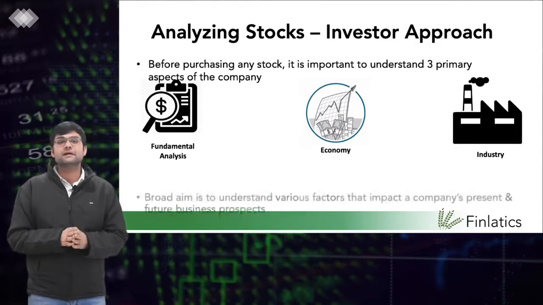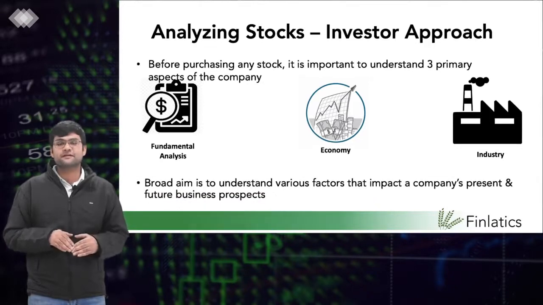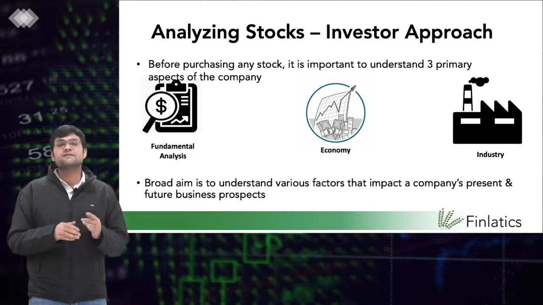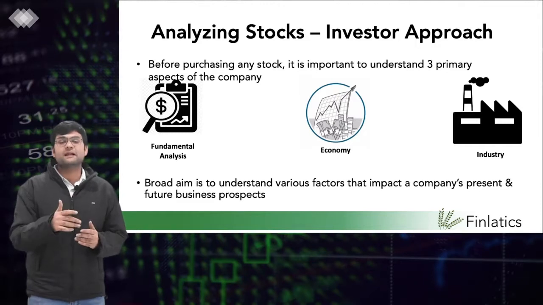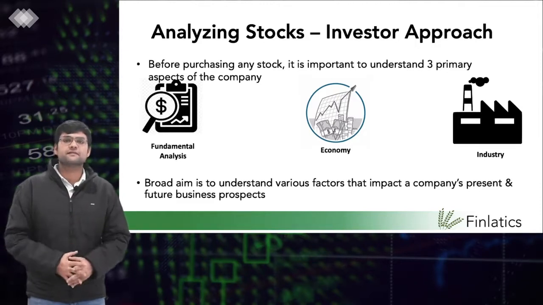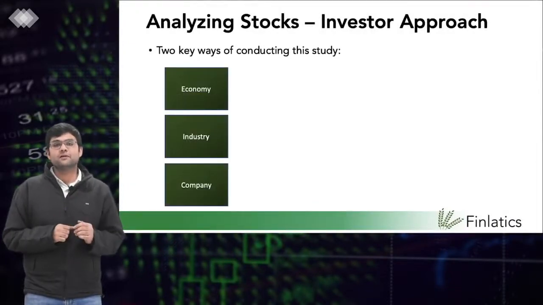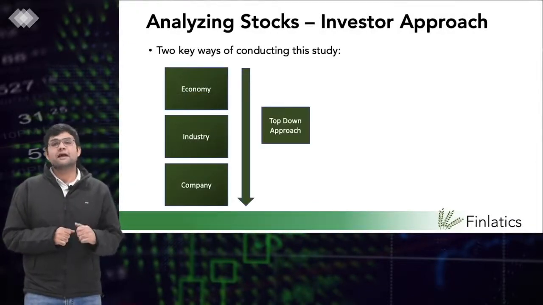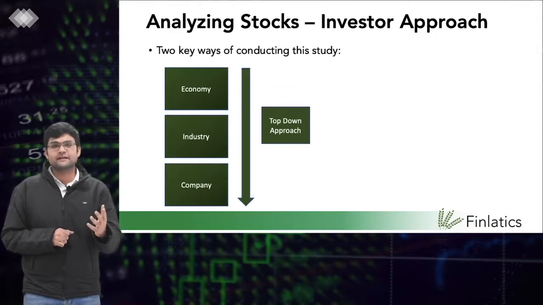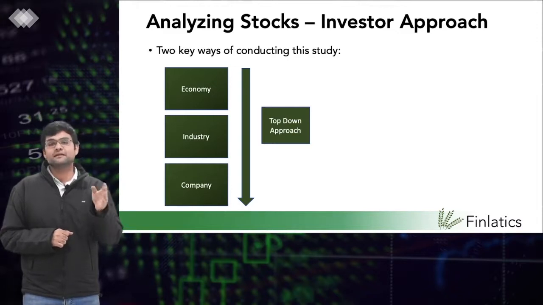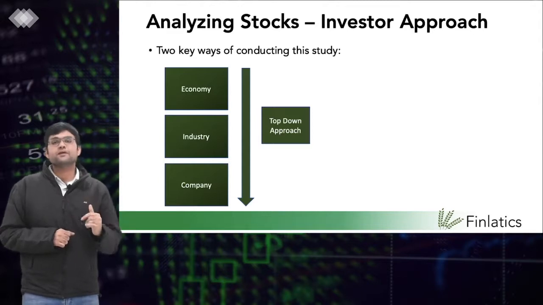The broad aim is to look at those factors that impact a company's present performance as well as future business activities. There are two primary ways of doing this. The first is top-down approach, where we first look at the economy broadly in general, then move towards studying various industries of our interest, and then finally look at the stock of individual companies in order to pick a stock or a company.